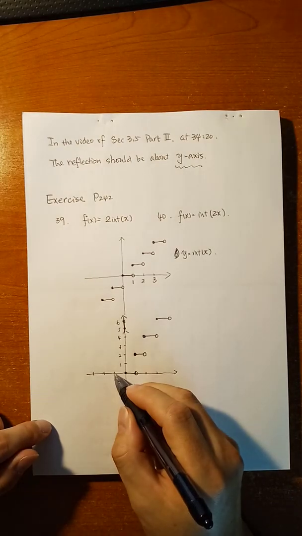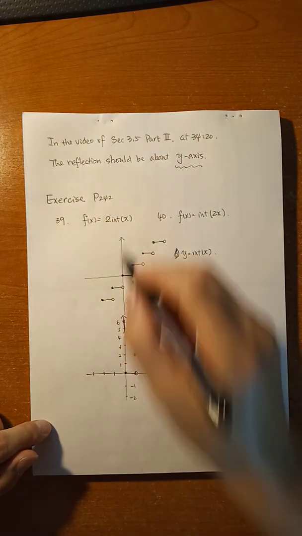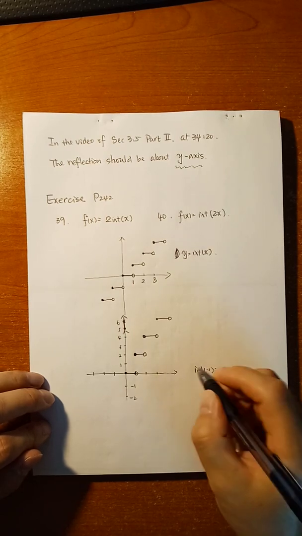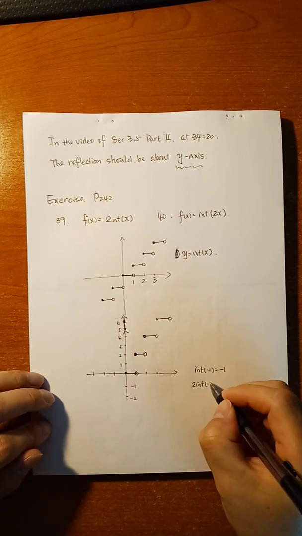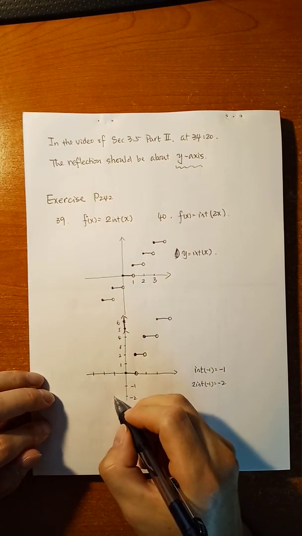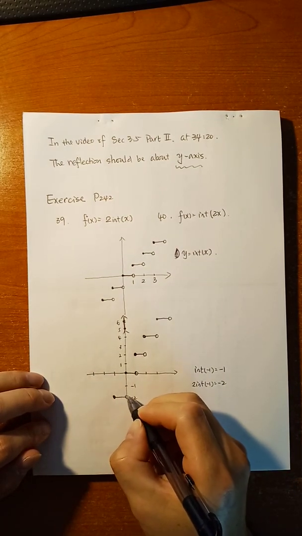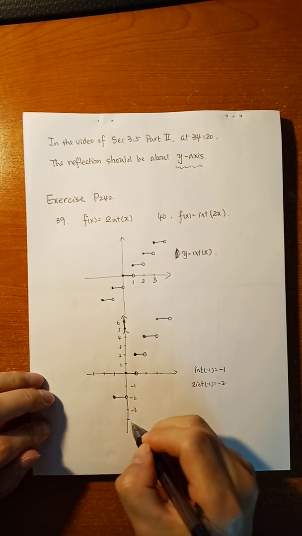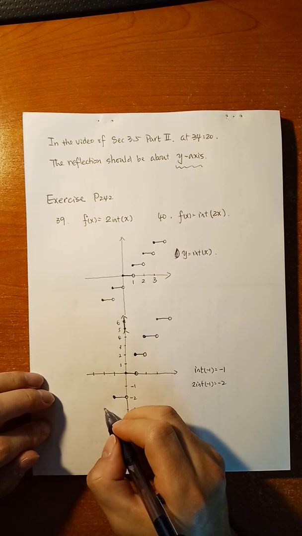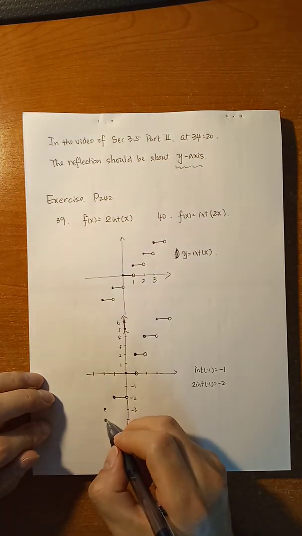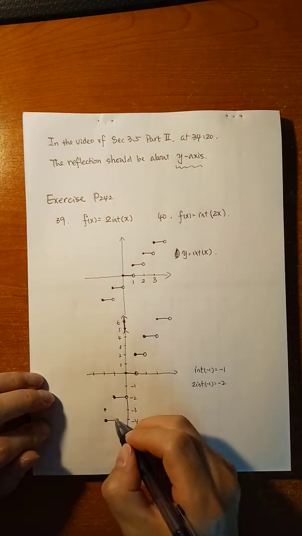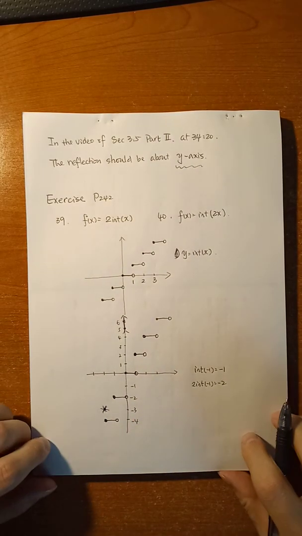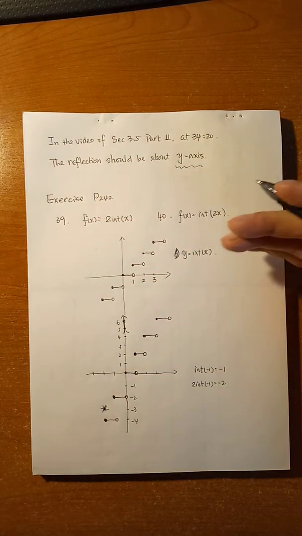So when x is -1, integer part of -1 is -1, but times 2 is -2. So this point is here. Okay, so that's a vertical stretch.